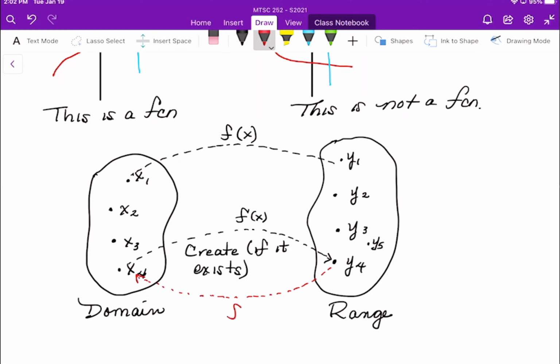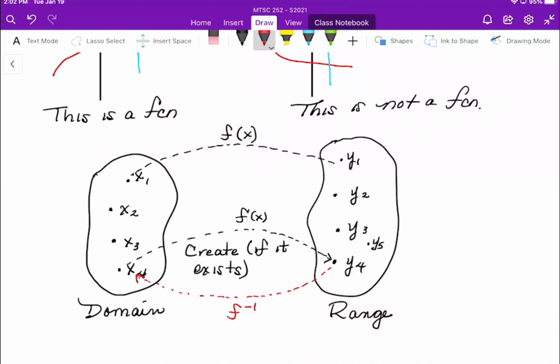So this function is going to be f inverse. So that's the inverse of a function. If I take x1 to y1, I want to make sure that I go back to the same thing.